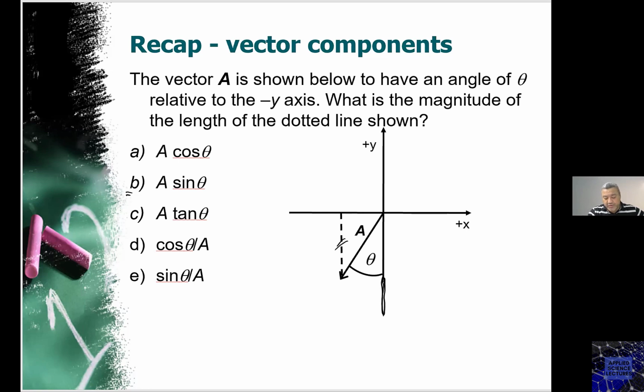So this one is indeed this one, which means the theta is between the adjacent and the hypotenuse, right? Which means that this is indeed a cosine theta.